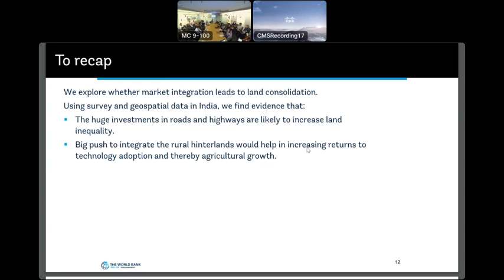Yeah. As you note, we were looking at land inequality, so looking at consumption inequality and income inequality and so forth is beyond the scope of this paper. So I'm going to sidestep that. But I think it's a valid point, especially because everyone has their own perspective.